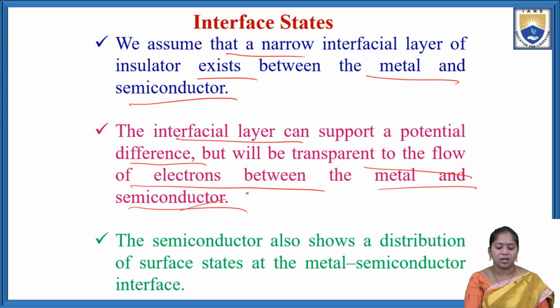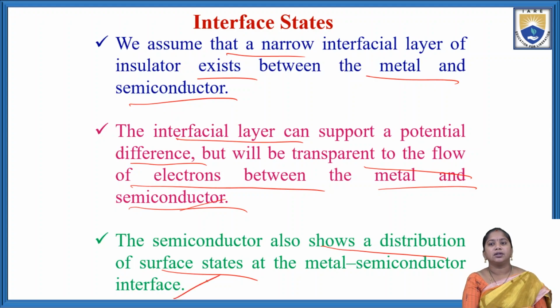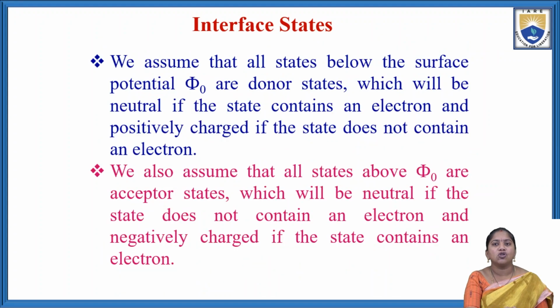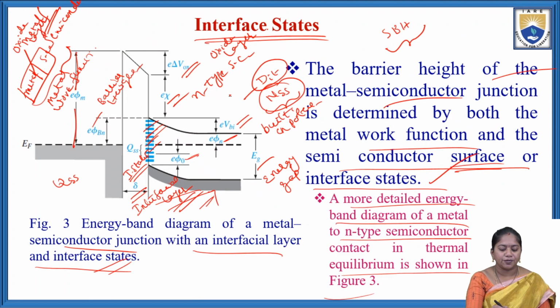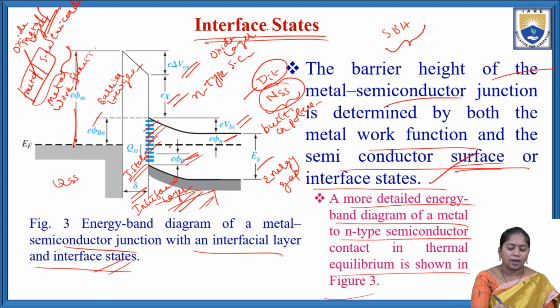The semiconductor also shows a distribution of surface states at the metal semiconductor interface. We assume that this is the surface potential phi naught. All the states above are acceptor states, and all the states below are donor states.